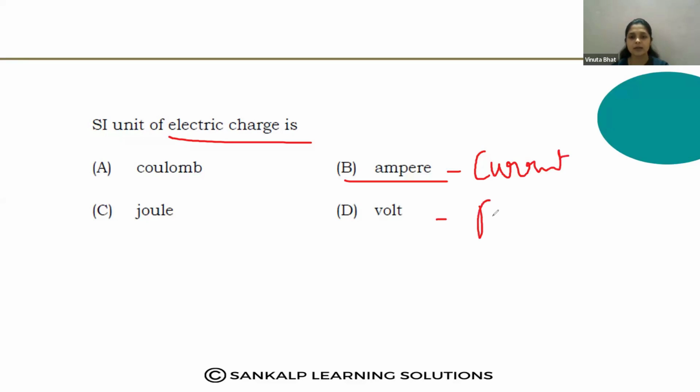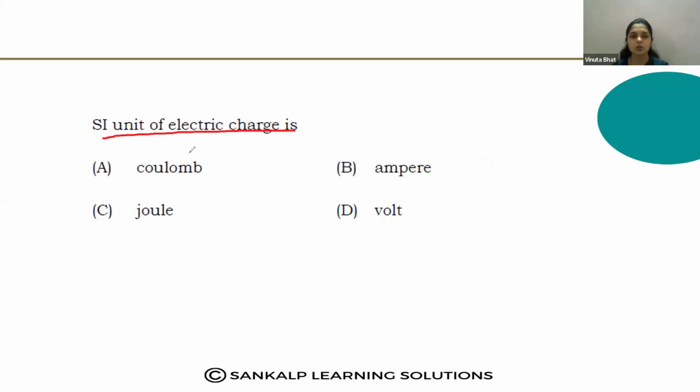Volt is the potential difference. Joule is the energy. And the SI unit of electric charge is coulomb. Option A is the correct answer.